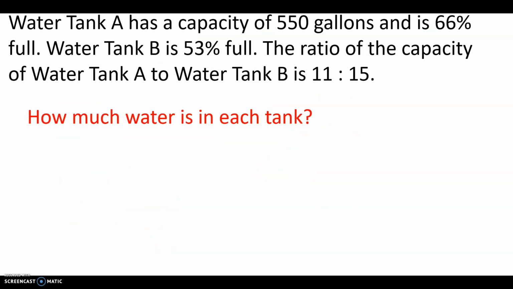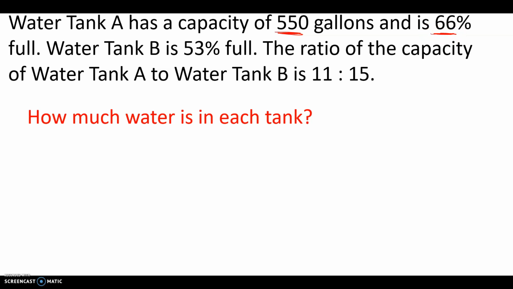All right, last one. Water tank A has a capacity of 550 gallons and is 66% full. Water tank B is 53% full. The ratio of the capacity of water tank A to water tank B is 11 to 15. Let's first figure out tank A: 550 gallons and 66% full.